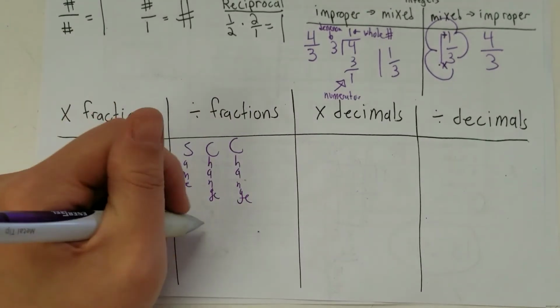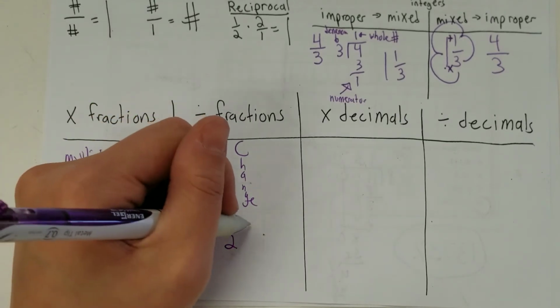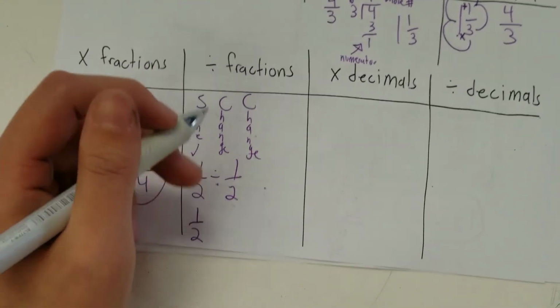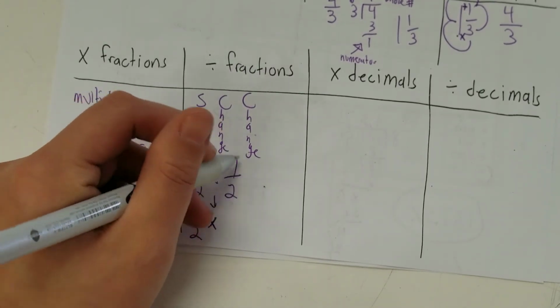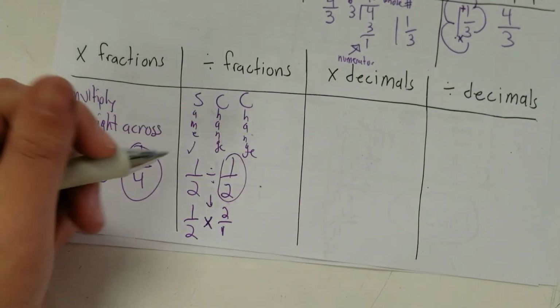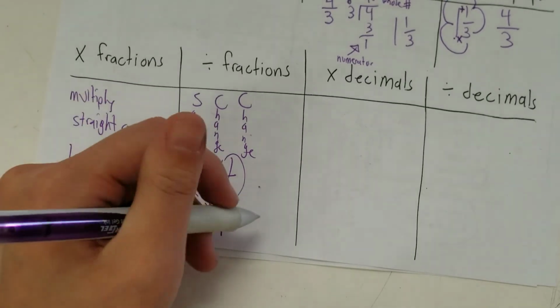When you divide fractions, it's same, change, change. What that means is that you leave the first the same, but you change your division sign to a multiplication sign, and you change your last fraction to its reciprocal, which is the flipped version of it. And then you just multiply across.